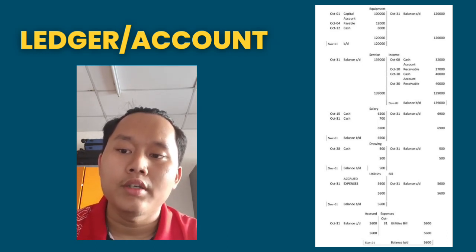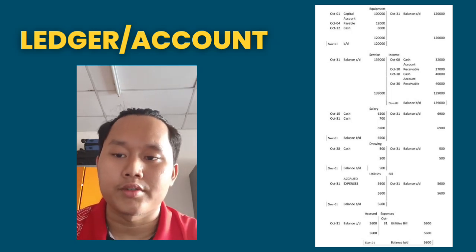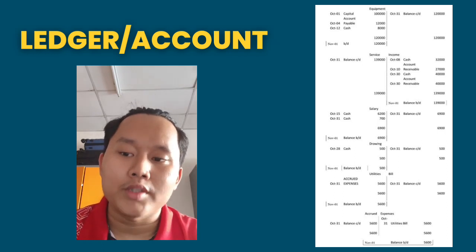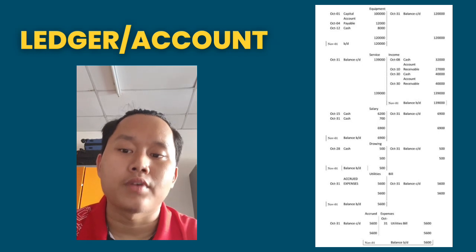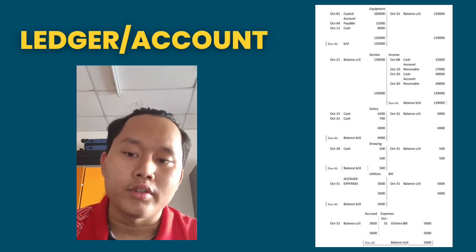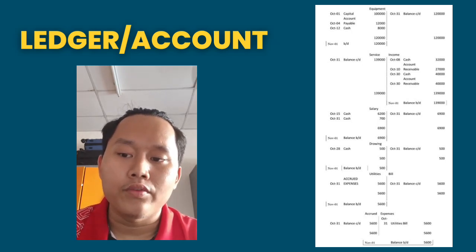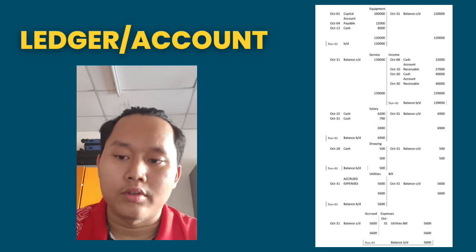And the November 1 balance BD is 6,900. For the drawing account, in the debit side, October 28 cash 500, and the total is 500. And in the credit side, October 31 balance CD is 500 also. And the November 1 balance BD is 500.